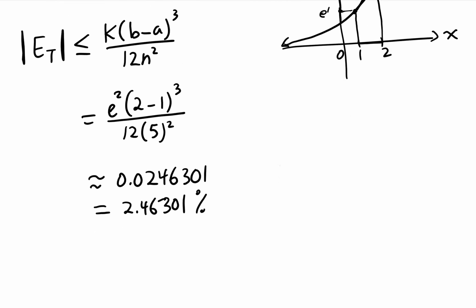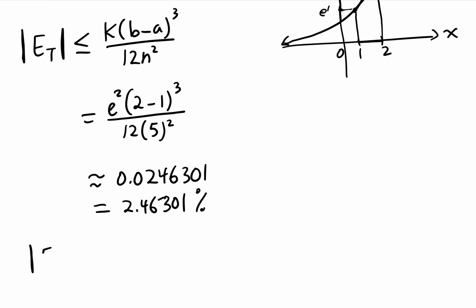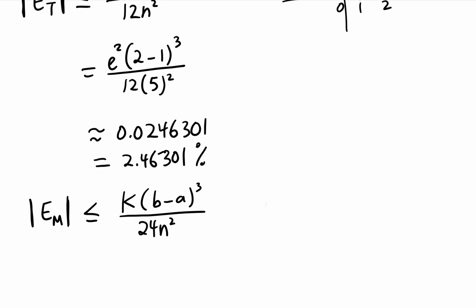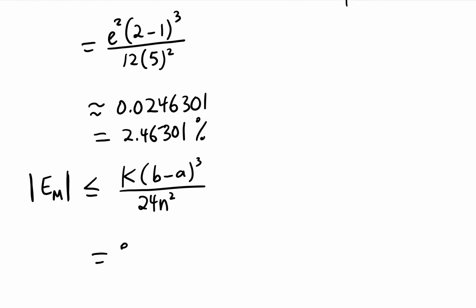I can use the same k value to find E sub M, which is less than or equal to k times b minus a to the third power over 24n squared. That gives me e squared times 2 minus 1 to the third over 24 times 5 squared.